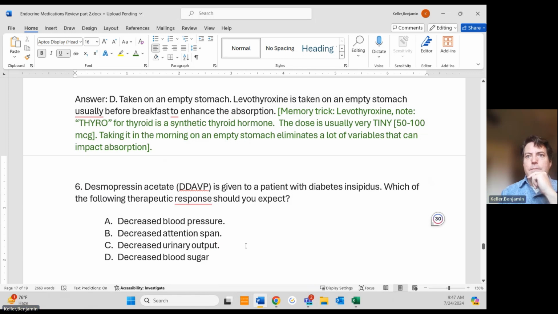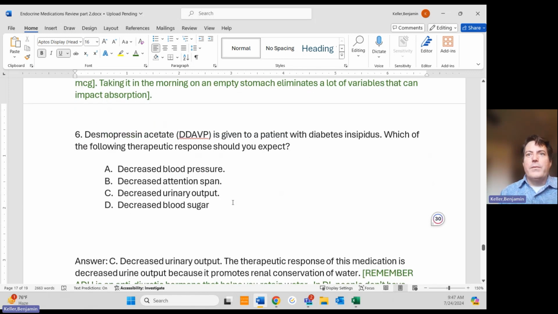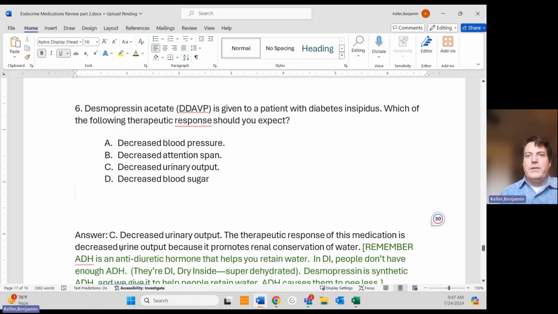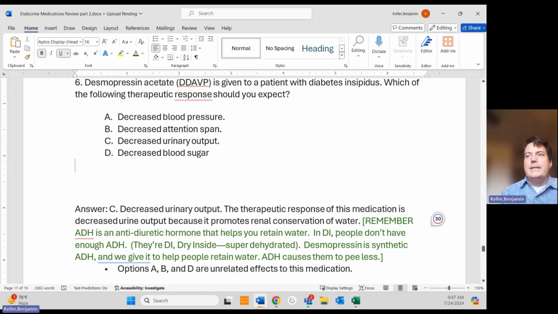So it's going to decrease urine output. And it's true. The therapeutic response to this medication is decreased urine output because it promotes renal conservation of water. And so remember that ADH is the anti-diuretic hormone that helps you retain water. In DI, people don't have enough ADH. They're dry inside. They're super dehydrated.